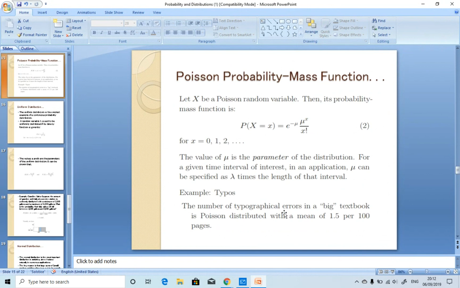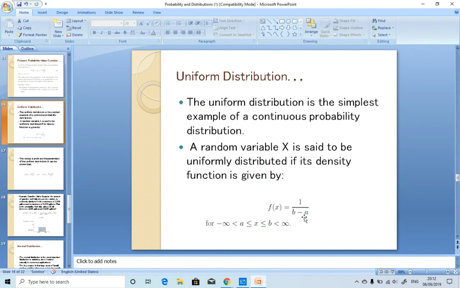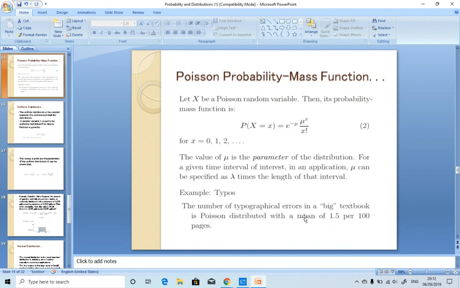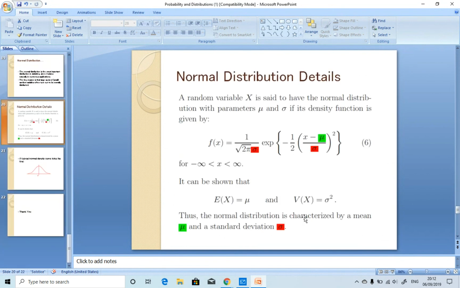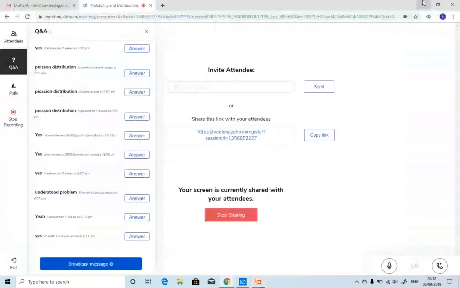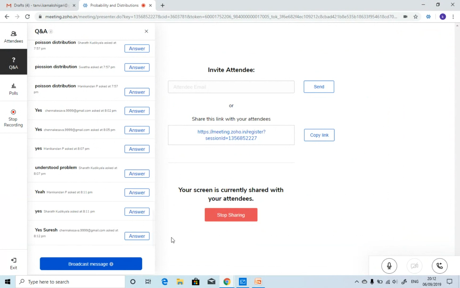For the number of typographical errors in a big textbook, the Poisson distribution has this mean. We can do some of the distributions in Python programming. We talked about discrete distributions, which is very important. Tomorrow we talk about continuous distributions.